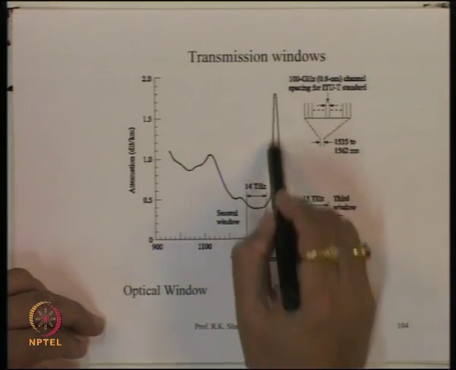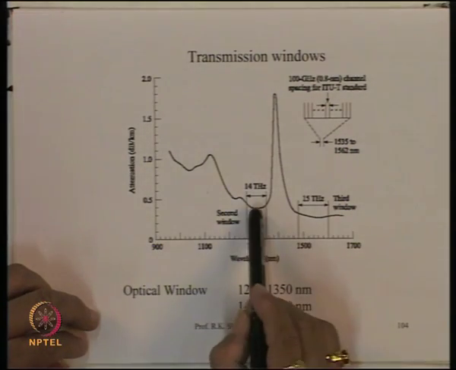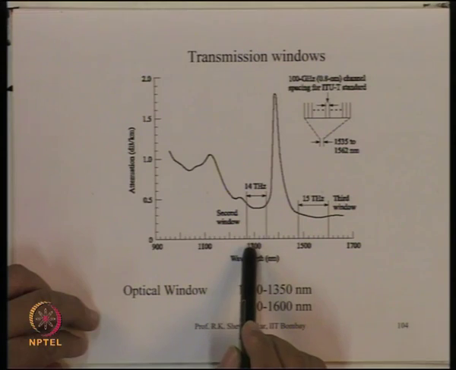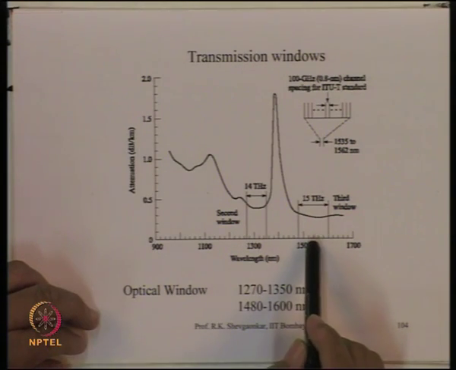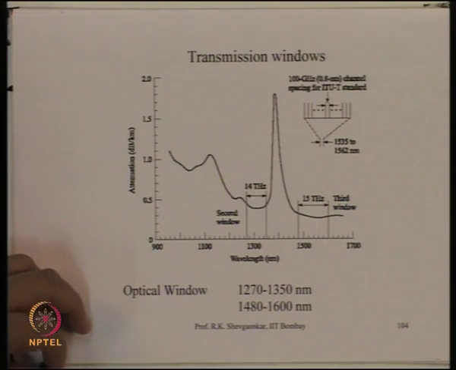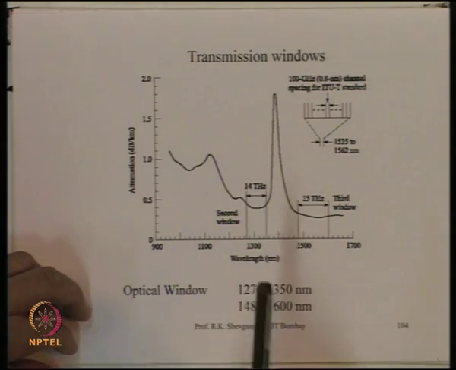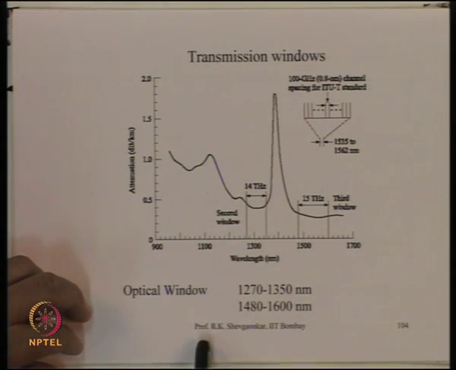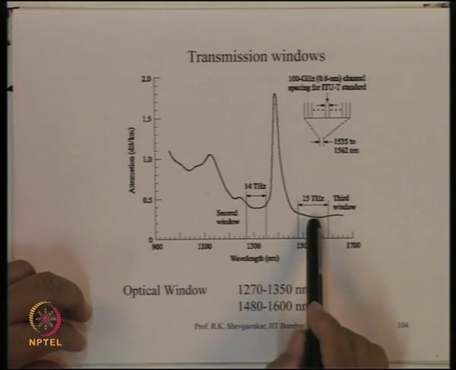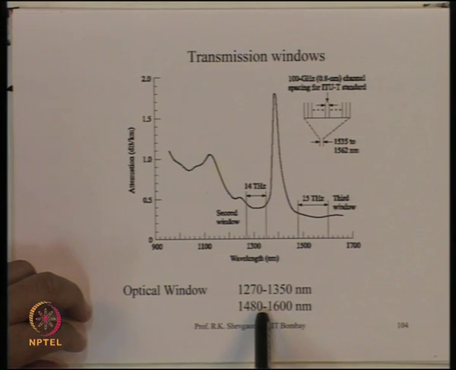Even if we don't go into the reduction of this peak, we have the two windows, one around 1300 nanometer and one around 1550 nanometer. Typically, this window ranges from about 1270 nanometer to 1350 nanometer, and the other from 1480 nanometer to about 1600 nanometer.